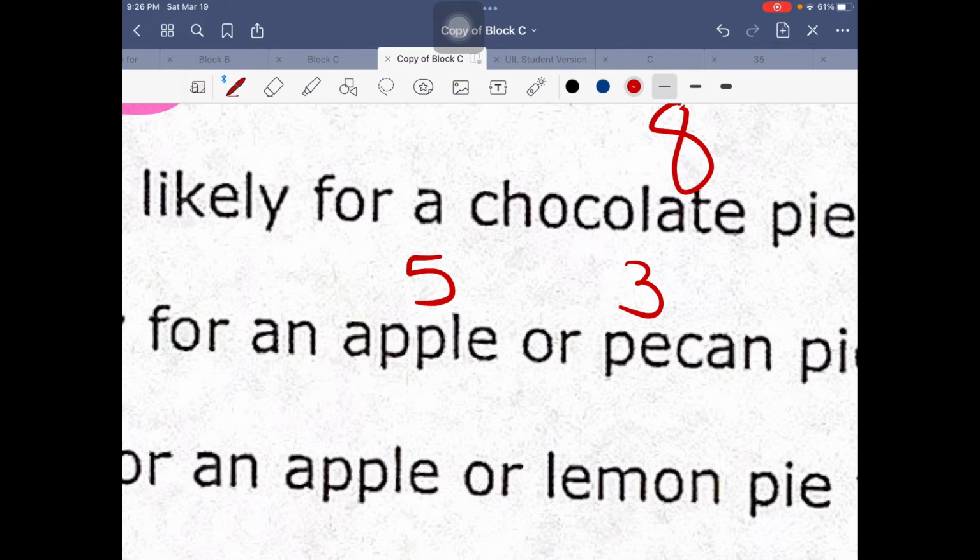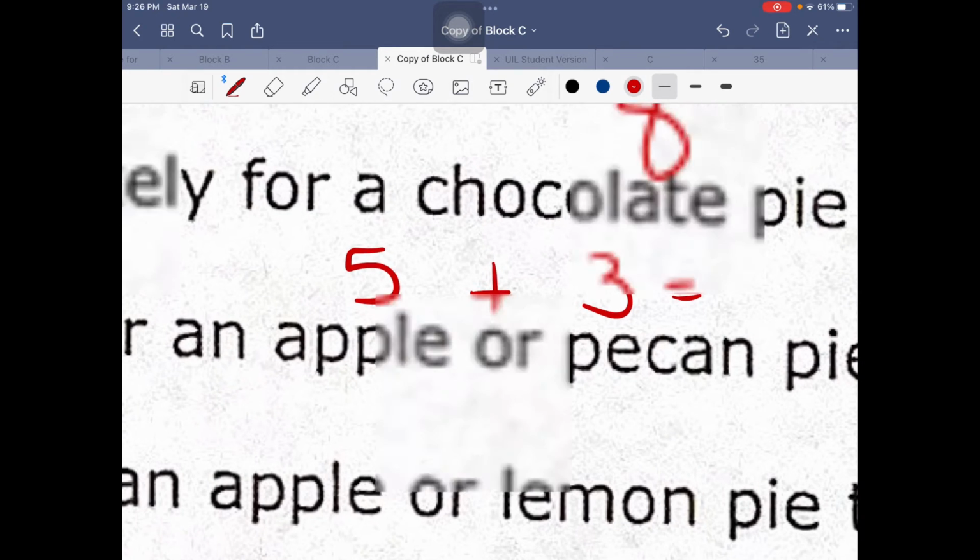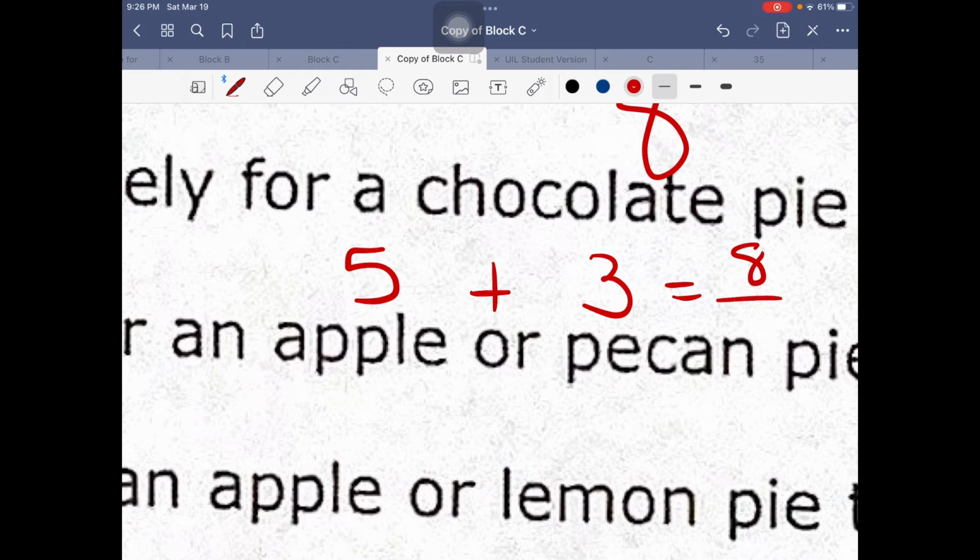So how many possibilities do you have if I ask for apple or pecan? It doesn't matter which ones. Oh, well, if it doesn't matter, I have 5 out of 20 for the possibilities for apple, and I have 3 out of 20 for pecan. So the probability is 8 out of 20.